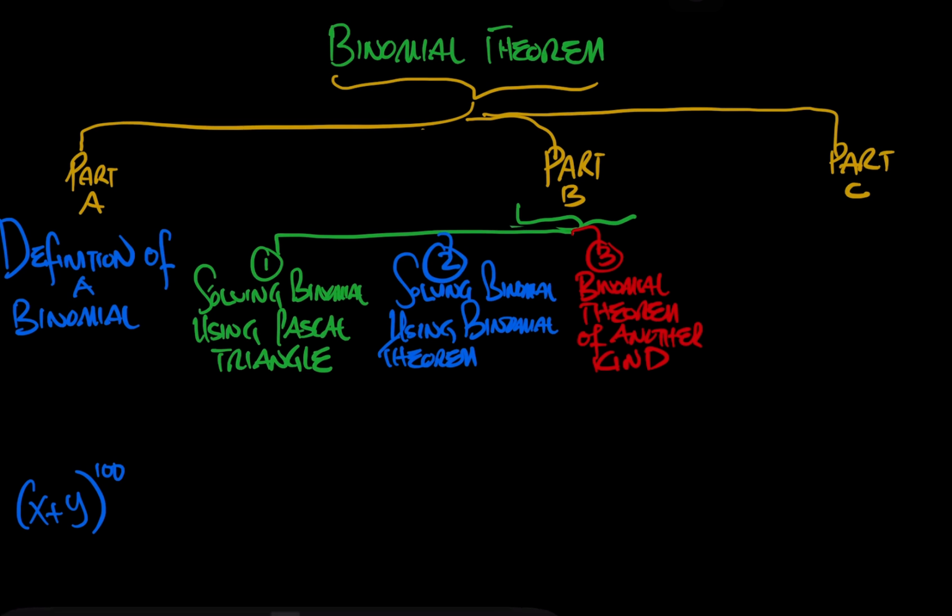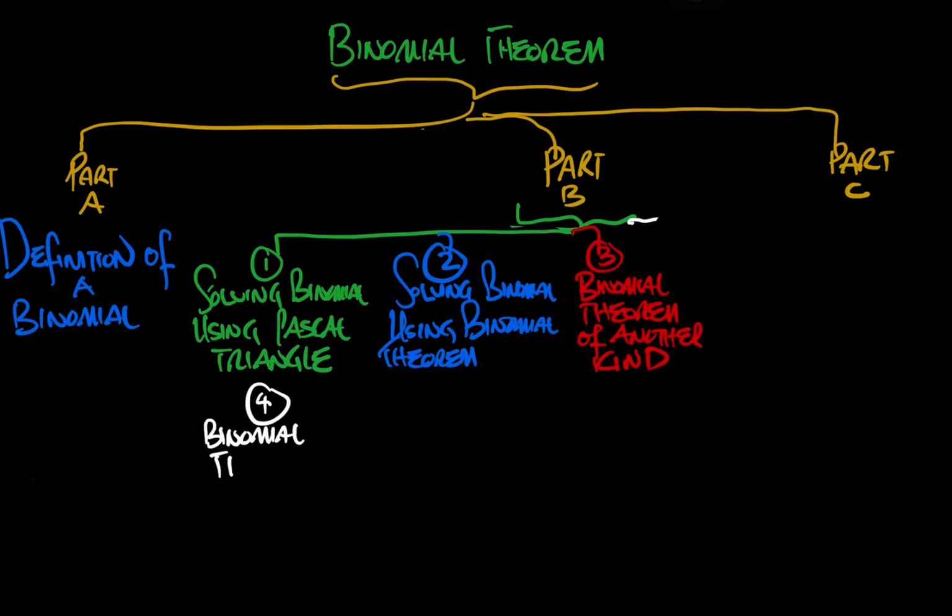And then the fourth one is solving binomial theorem, but using approximations. We can be told to approximate stuff under the binomial theorem.